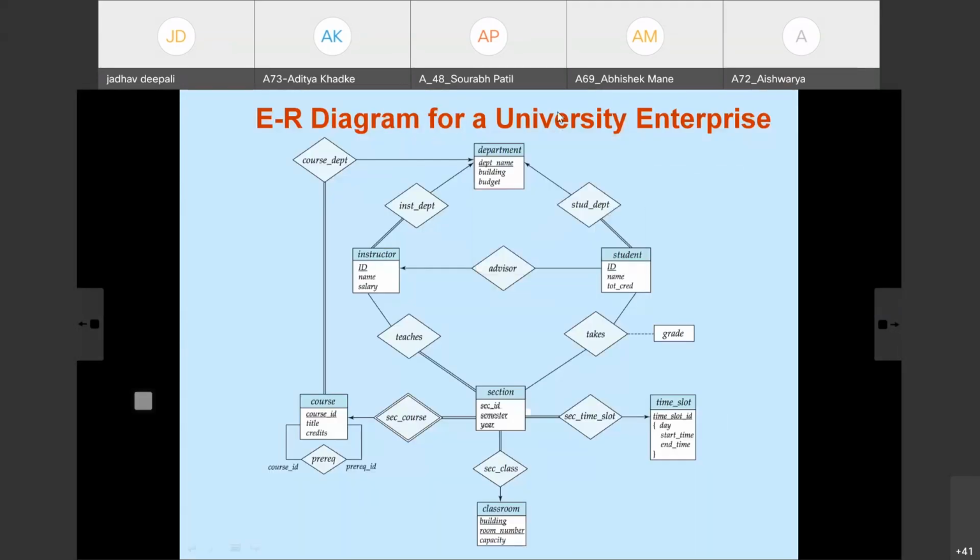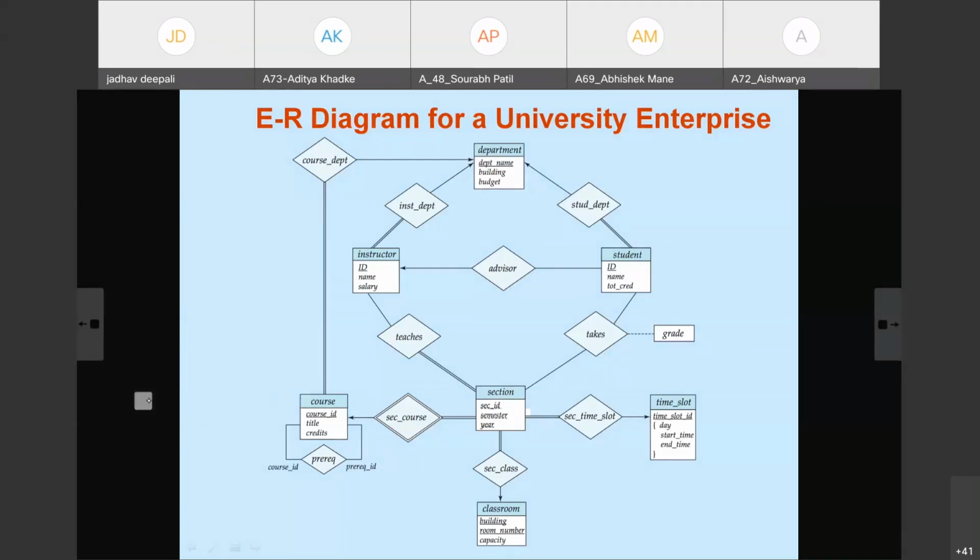Now this is the ER diagram of our university database that we will discuss. When we consider all these things together, the major entity sets of the university database are, first we start with department: name, building, budget. Among that, department name is the primary key, so it is underlined.